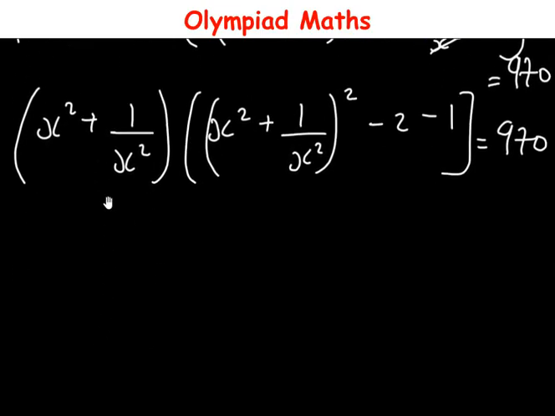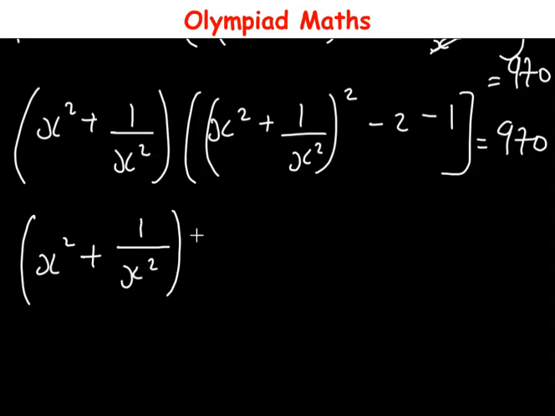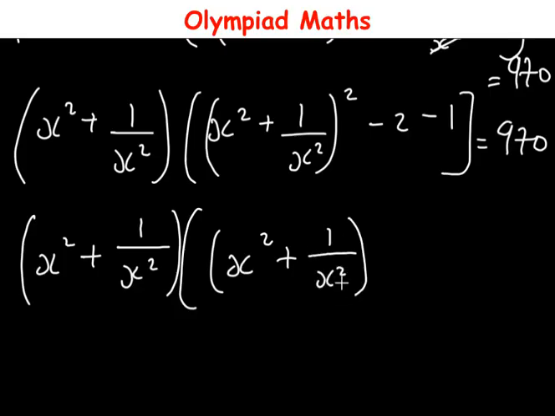So with this, we have in brackets x squared plus 1 over x squared multiplied by in bracket (x squared plus 1 over x squared) all raised to the power 2 minus 2 minus 1, minus 3 is equal to 970.